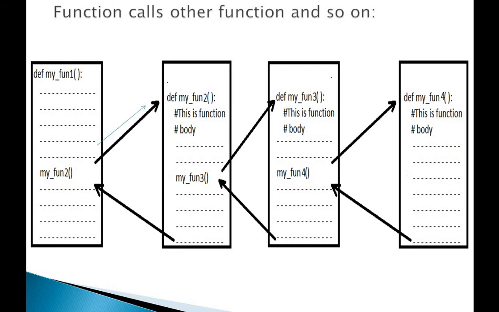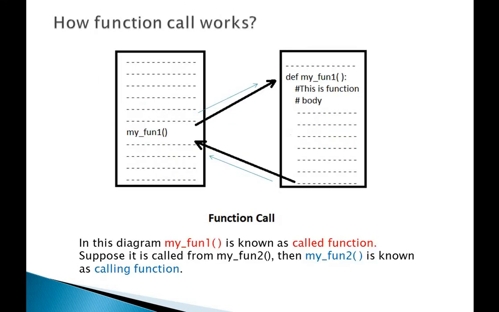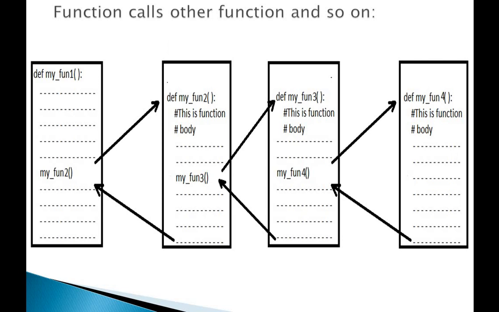Whenever there is a call, the control is transferred to the definition of myFun2. Again, in myFun2 there is a call to myFun3. Whenever control reaches myFun3, control is transferred to the definition of myFun3. Again, it executes the statements up to myFun4. There is a call to myFun4. Again, control is transferred to the definition of myFun4.